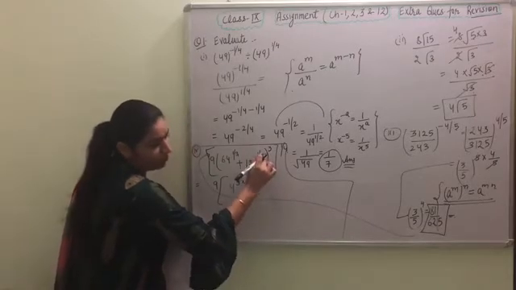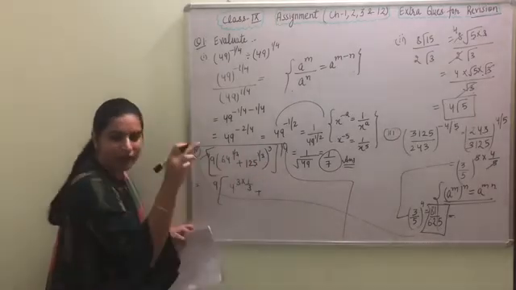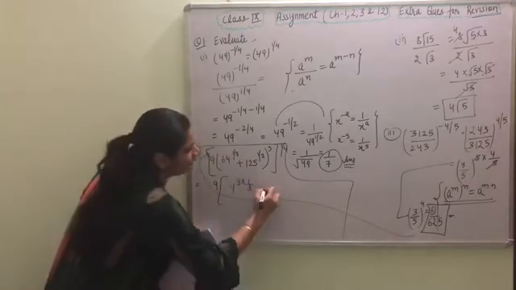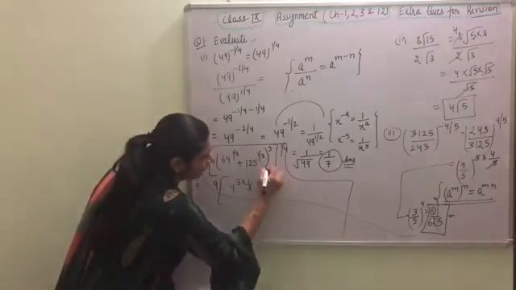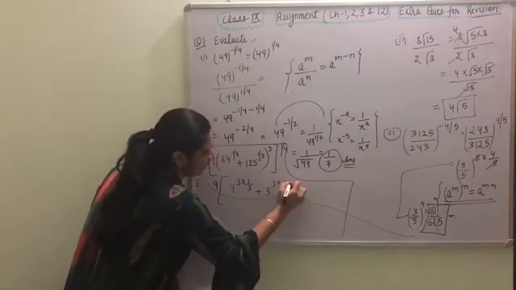Here the power is 3. We want to eliminate this 3. So 5 fives are 25, 5 twenty-fives are 125, again 5 cube into 1 by 3.